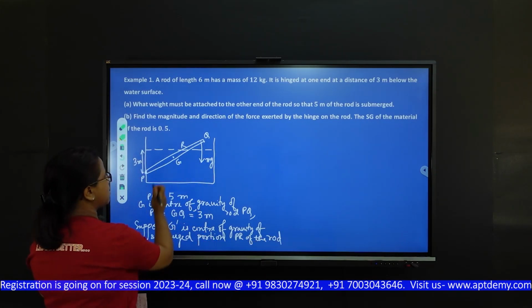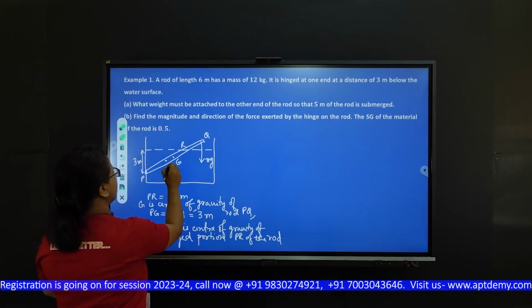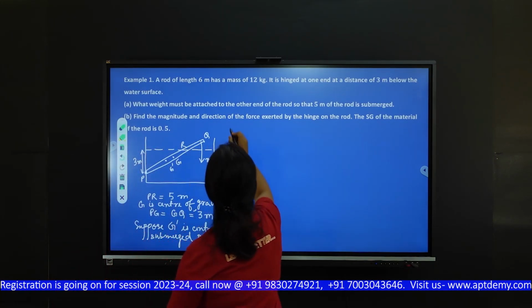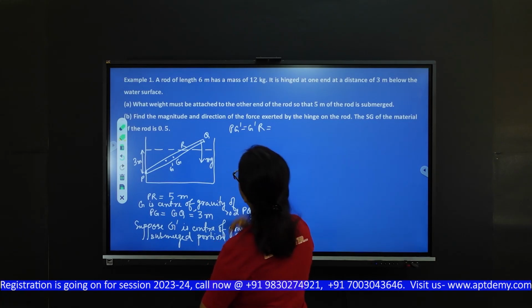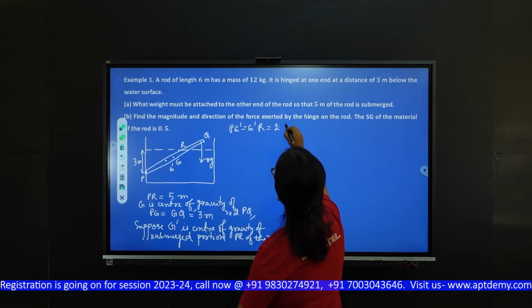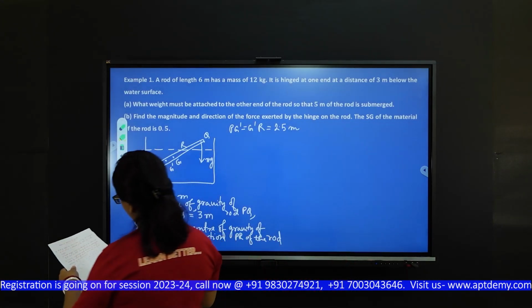So we'll have G dash somewhere here, and we may write that PG dash is equal to G dash R, and that's equal to half of 5 meters, which is 2.5 meters. So these are the things that we have in hand.